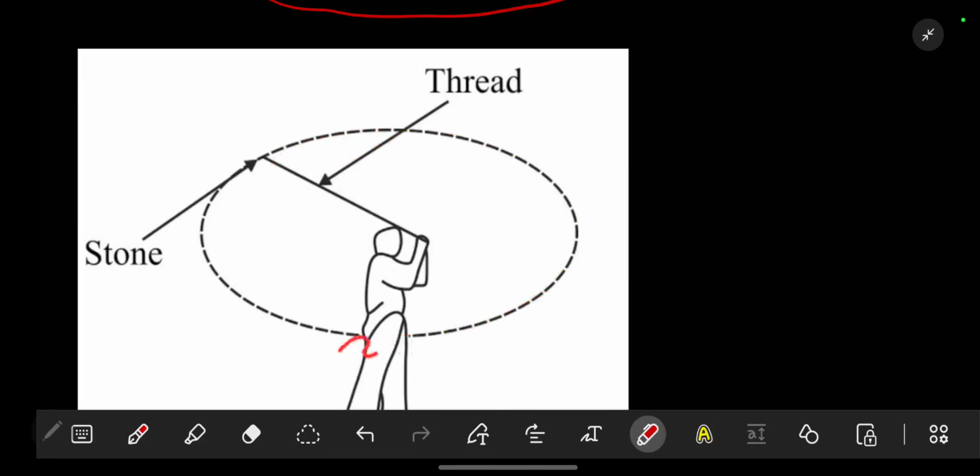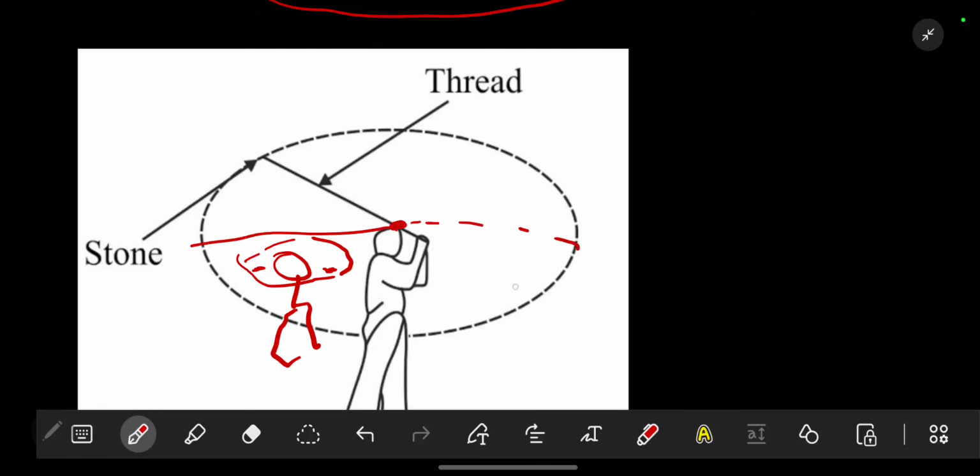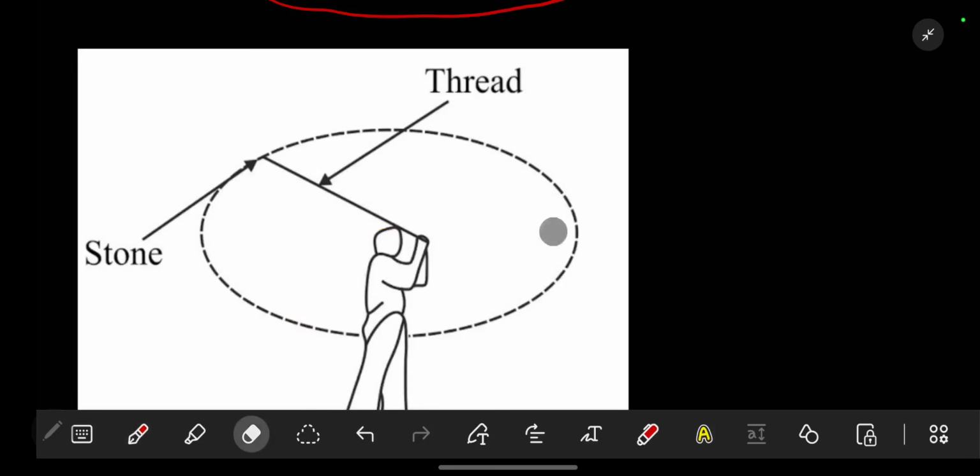If his head is here, it will just be moving his head like that. But just for the sake of a 3D diagram, that's how come it looks like that. But in the actual sense, it's not moving from this point. It will be at this point, at all points like that. So this is what we call a horizontal.